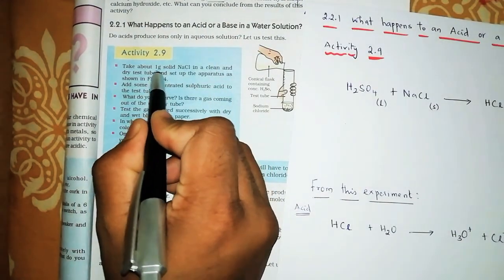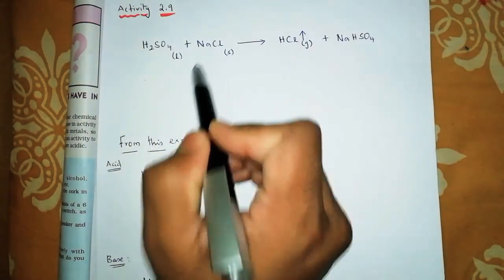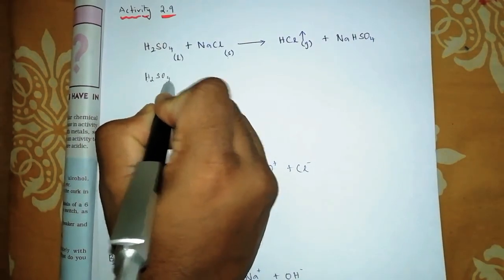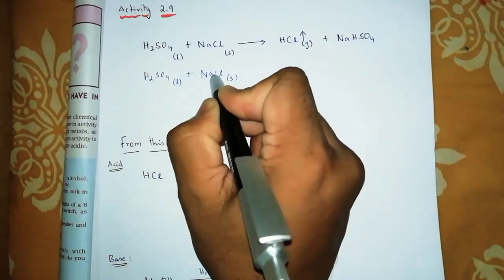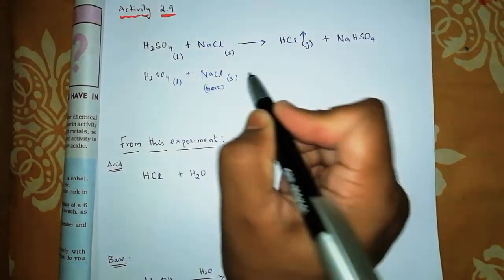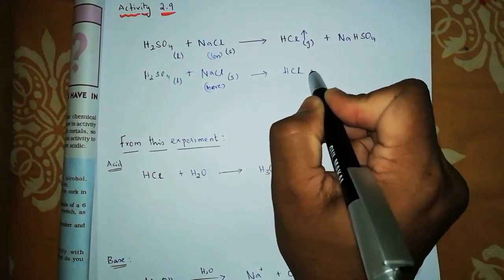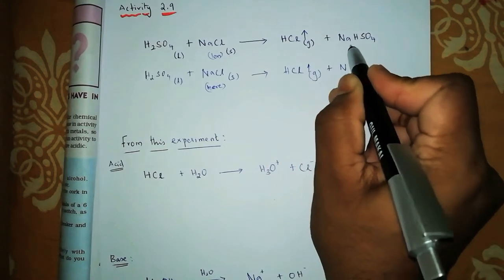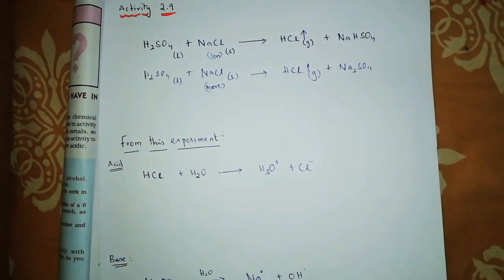Here we have added 1 gram of solid sodium chloride. If we add more sodium chloride, that means more than 1 gram, and the sulfuric acid is less, then we get the same product, hydrochloric acid coming out as a gas, but here it won't form sodium hydrogen sulfate, it forms sodium sulfate, Na2SO4.